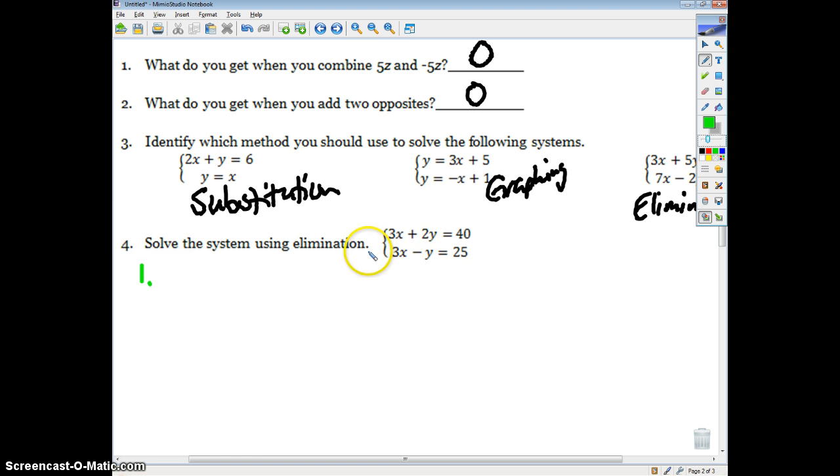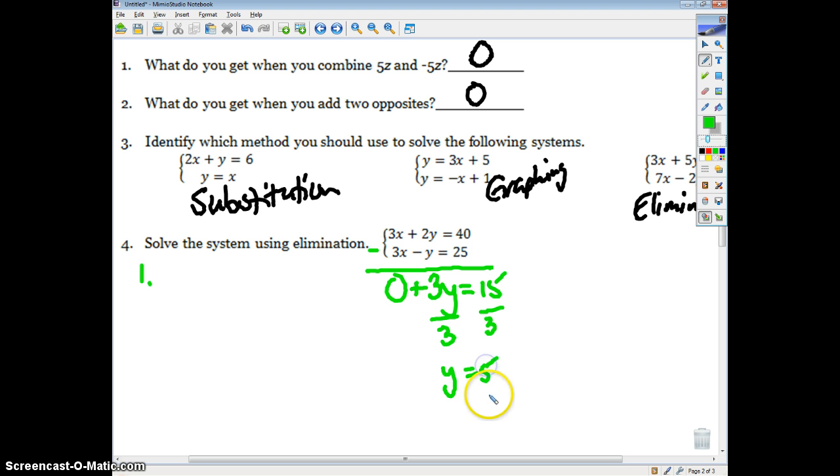Again, addition didn't work. I'm going to try subtracting, and be careful. 3x minus 3x is nothing. That's good. Now here's where you got to be careful. 2y minus negative y is actually a positive 3y. And then 40 minus 25 is 15. Okay? So divide out the 3, and we get y equals 5. And again, you guys know we're not done. Now that we have y, we got to go back and find x.